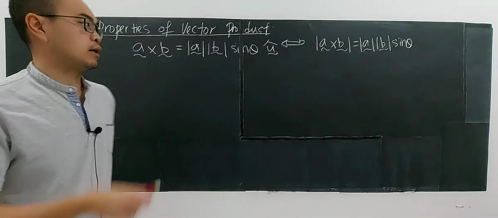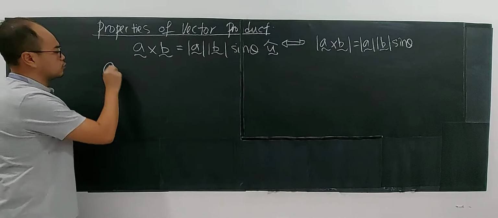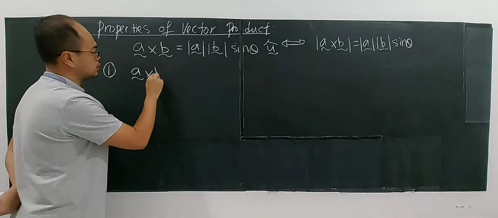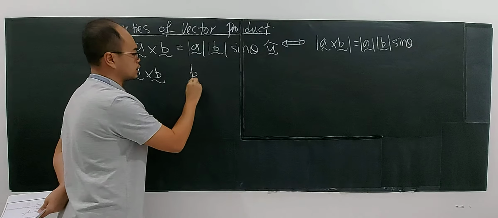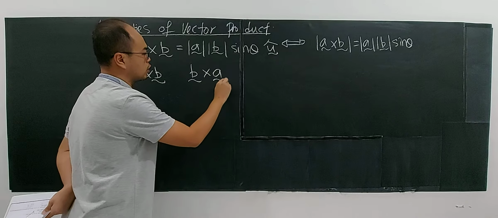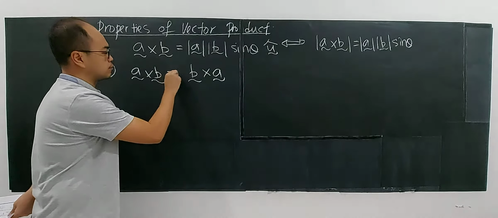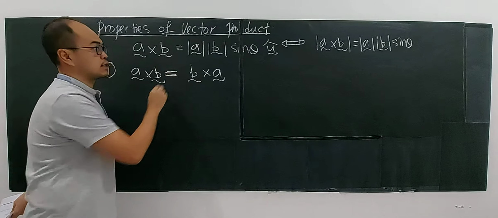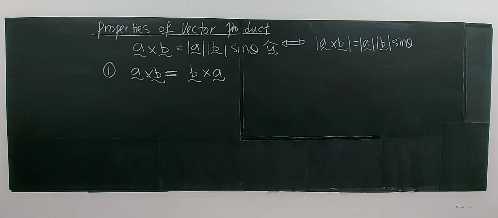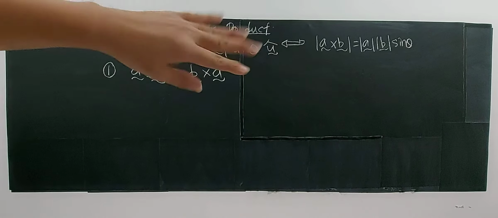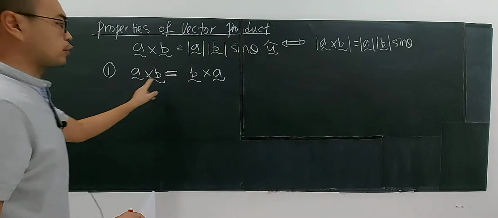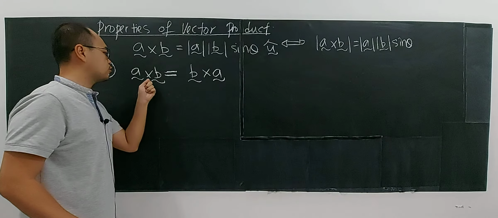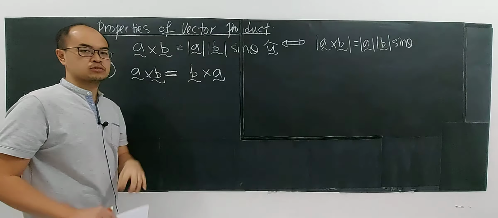Now, using this definition, we have some important properties. The first property: we have learned that A cross B is not the same as B cross A. So the cross product is not commutative, because A cross B is not the same as B cross A. This would be wrong for the vector product, but if it were the scalar product A dot B, then it is true.